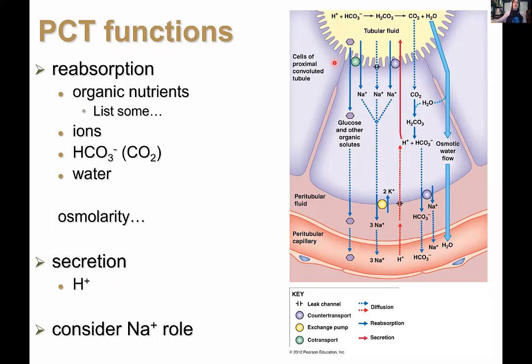If you have too many protons, that's when you're going to start dumping more of them into your urine. So it's a sort of push-pull relationship between your respiratory system and your urinary system to accomplish a good balance of pH in your body fluids.